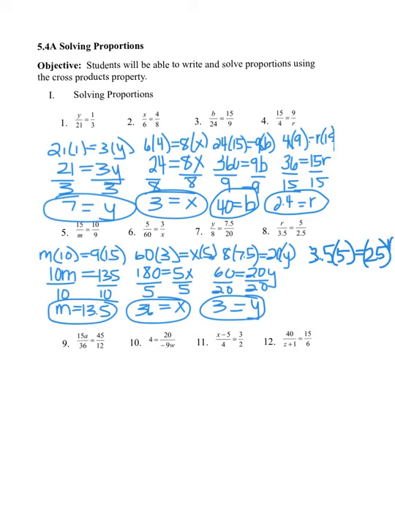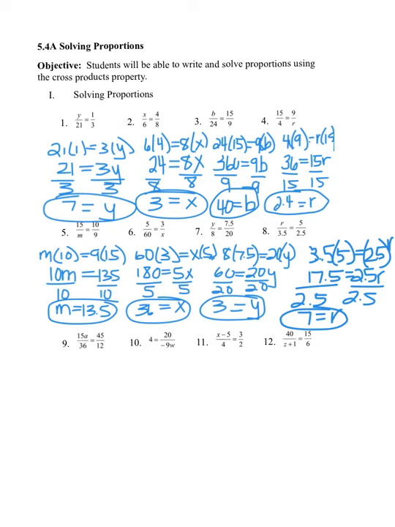So 3.5 times 5 is 17.5. 2.5 times r is 2.5r. I'm going to divide both sides by 2.5. And when we do that, we get 7.